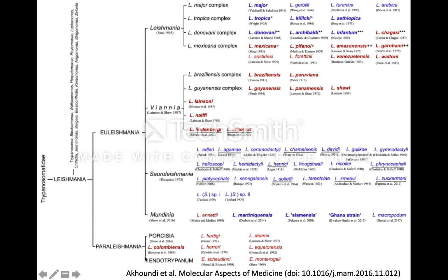What you see here, there's other less studied Leishmania like Paraleishmania, as well as other species in red here that are Leishmania species of interest, but maybe in a very restricted geographic region.